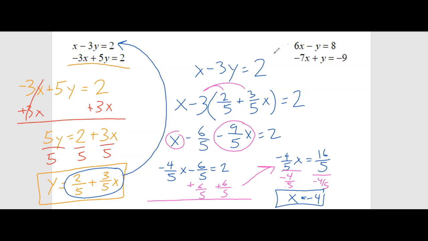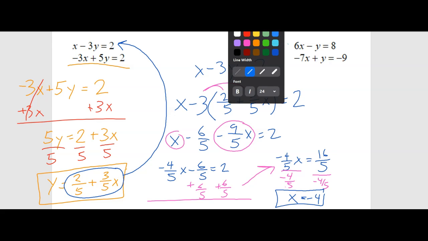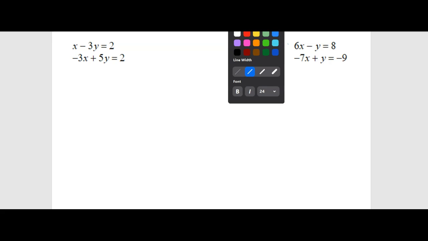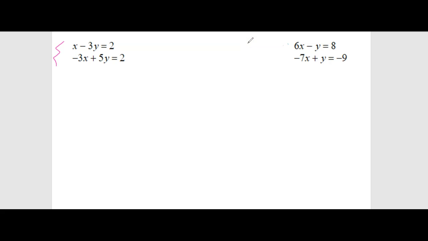When you can recognize, let's get rid of this and just focus on these two equations here. Things to look for when you're trying to figure out what's going to be the easiest method. Look for an equation where the coefficient of a variable is equal to 1 and solve for that variable, right?